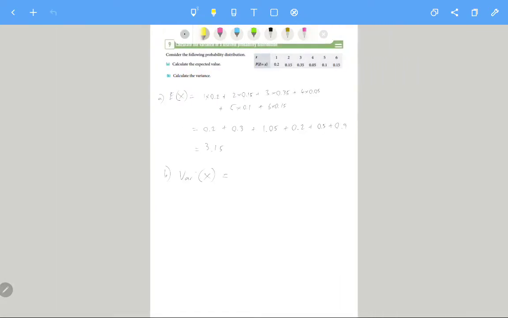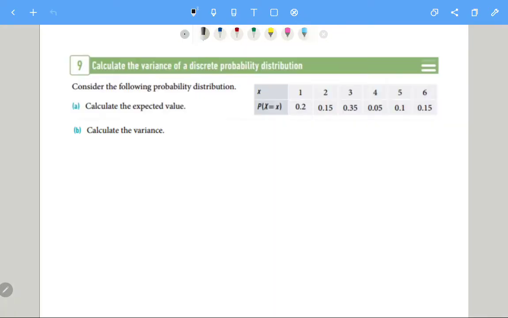Alrighty, so let's have a crack at one ourselves. To work out the expected value, part A, we've done this before. E of x is just going to be equal to 1 times 0.2 plus 2 times 0.15, and you're going to add up all of these values.